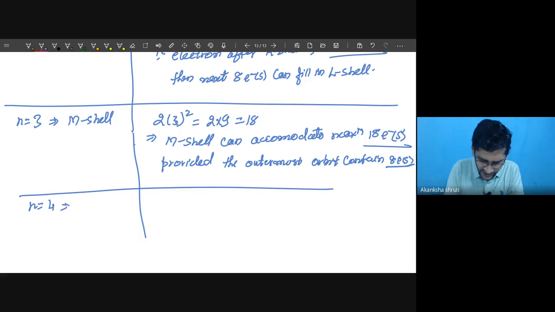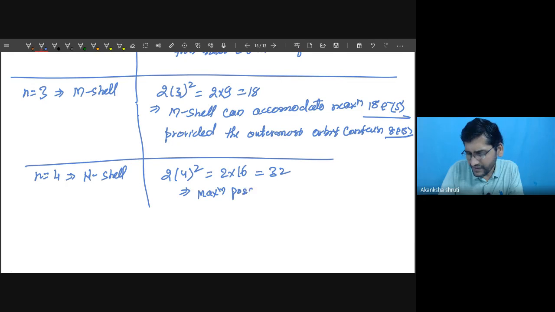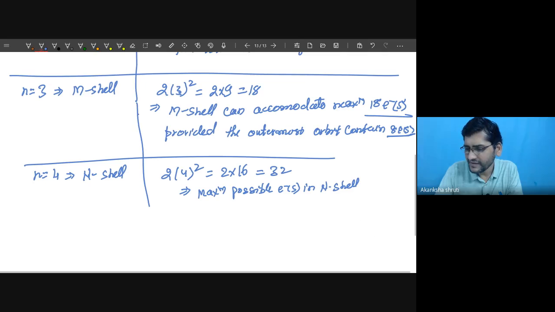If n is equal to 4, this implies the N shell. What is the maximum number of electrons it can contain? 4 square, 2 into 16. So this 2 into 16 is our 32. So the maximum possible electrons in the N shell can be 32.